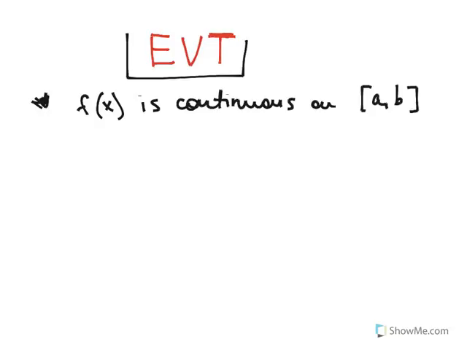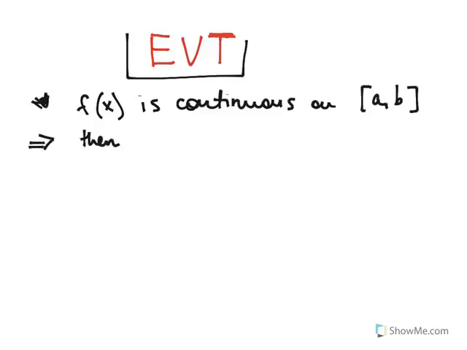Then we say there must be an absolute maximum and absolute minimum on the interval A to B. So let me write it down. The function is continuous.